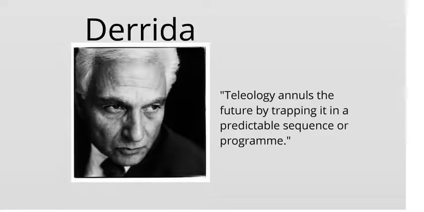This is Derrida. He's French. He doesn't like teleology so much. He claims that it annuls the future by trapping it in a predictable sequence. In other words, he thinks teleology becomes self-fulfilling prophecy and that it's dangerous to real growth.